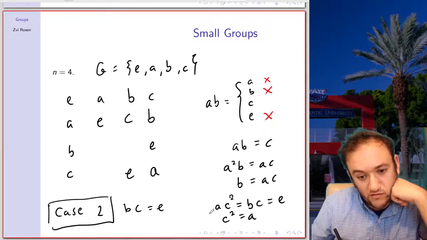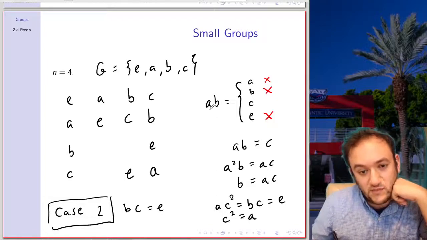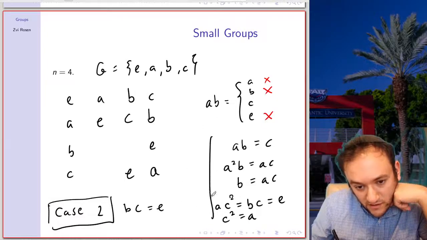Okay. By the same token, so I've got a lot of deductions here.